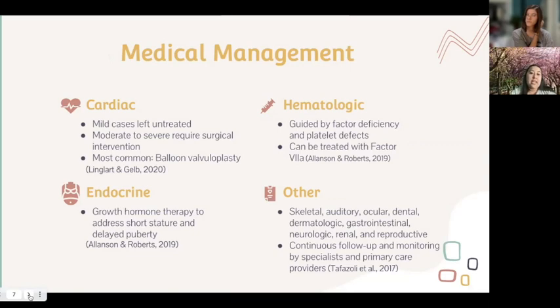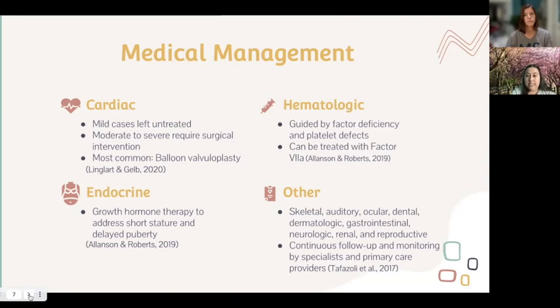The most common type is a balloon valvuloplasty, and any cardiac condition in a Noonan syndrome patient is treated like a typical pediatric heart condition. When we look at the hematological factors, most individuals that have been diagnosed with Noonan syndrome do have some sort of a bleeding disorder. This is characterized by factor deficiency and platelet defects. However, this can be treated using factor 7A.